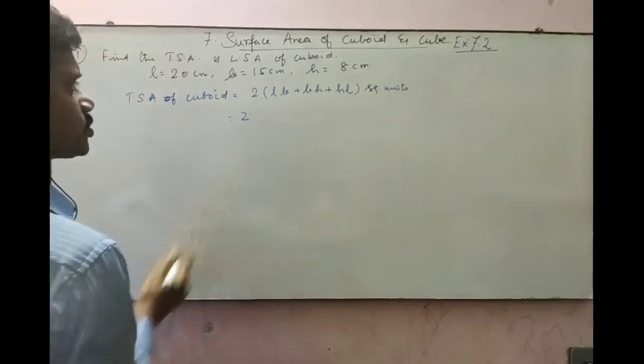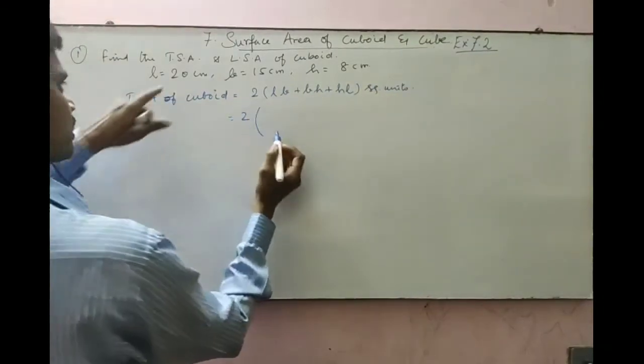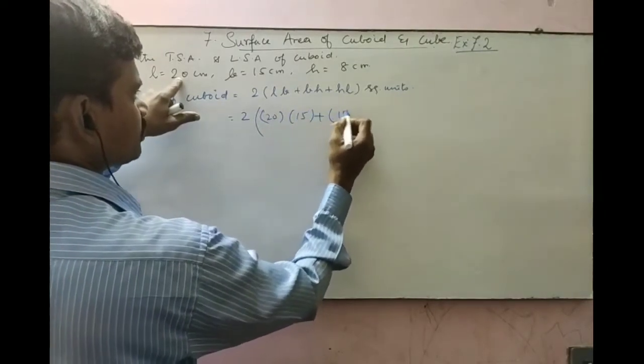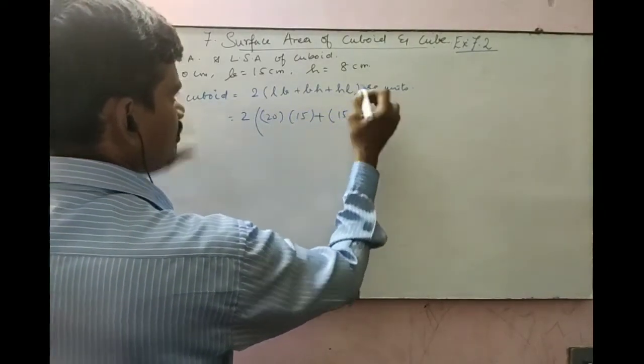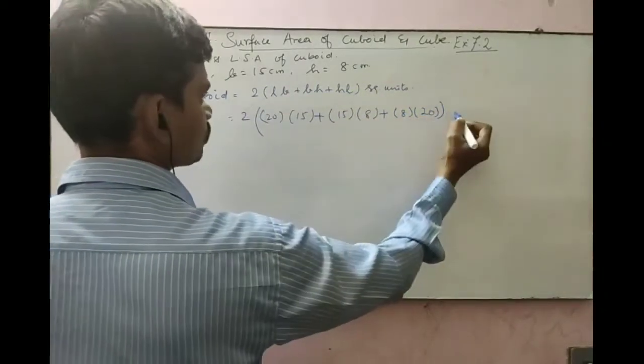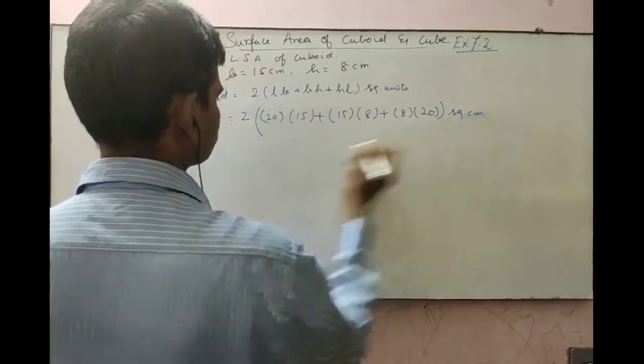So it is mere substitution of the values. 2 times L is 20 into B 15 plus B is 15 into H 8 plus H is 8 and the L is again 20, square centimeter.